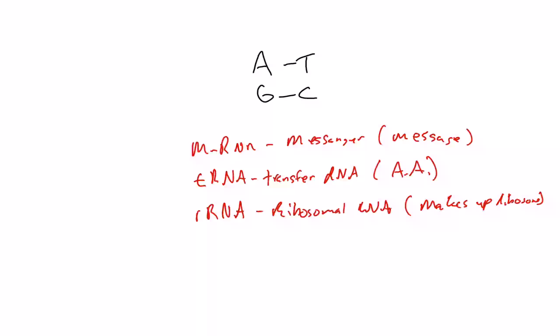As you go through, it's going to tell you to draw a picture of a monomer of RNA. So with that, a new picture. You're going to have a phosphate group, and that phosphate group is going to be connected to a sugar group, and that sugar group is going to be ribose.